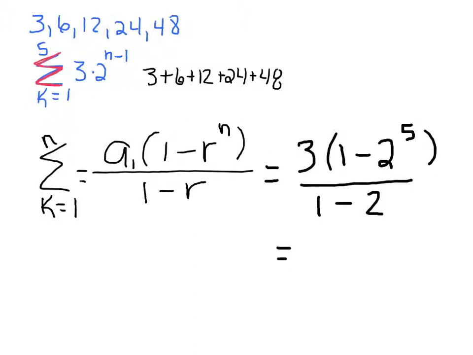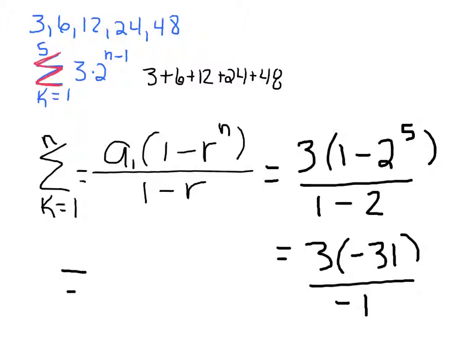So this is going to be 3 times 1 minus 32, negative 31, divided by negative 1. 3 times 31 is equal to 93.